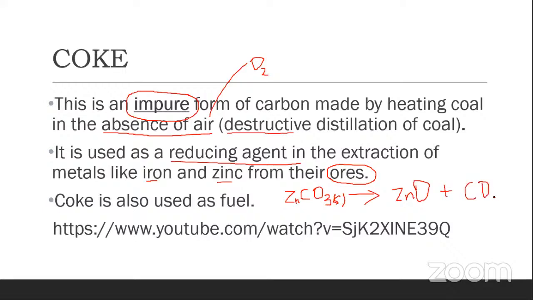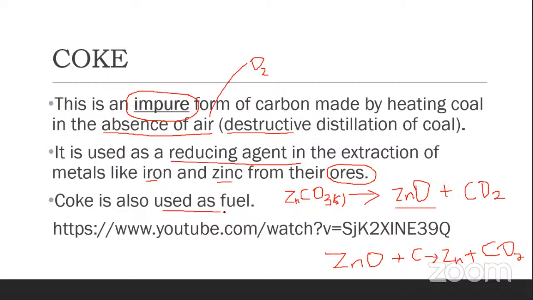After getting zinc oxide, you can easily reduce zinc oxide using coke. Coke is carbon. From here you will get zinc metal and carbon dioxide. So that is how we apply coke as a reducing agent.